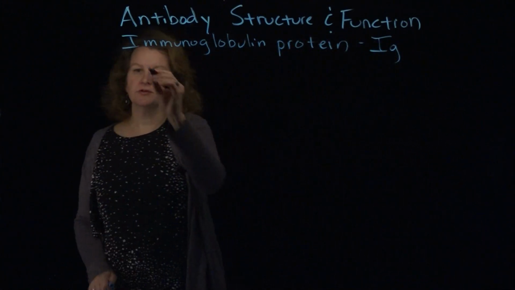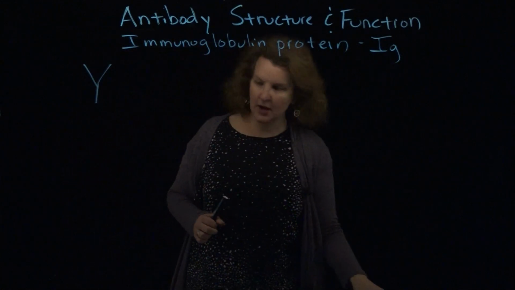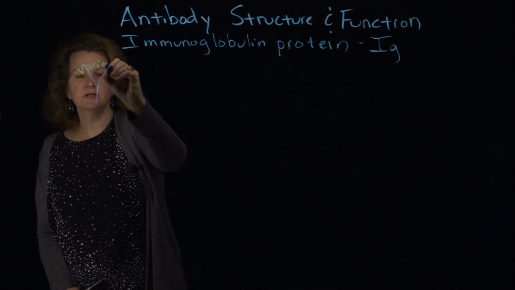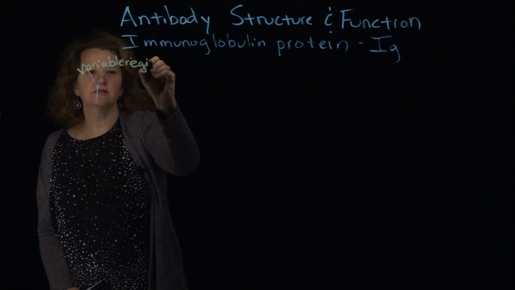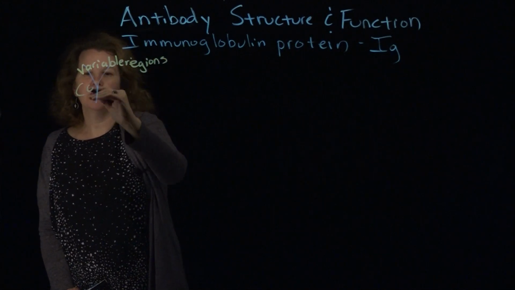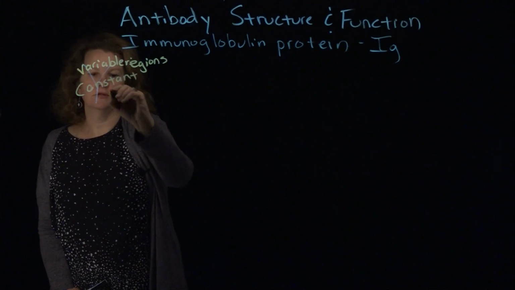And the base structure is a Y-shaped structure. On there you have what's called variable regions, and those are out on the ends, and that kind of makes sense because that's where the binding is to the epitope. And then you have kind of the base structure, which are the constant regions.